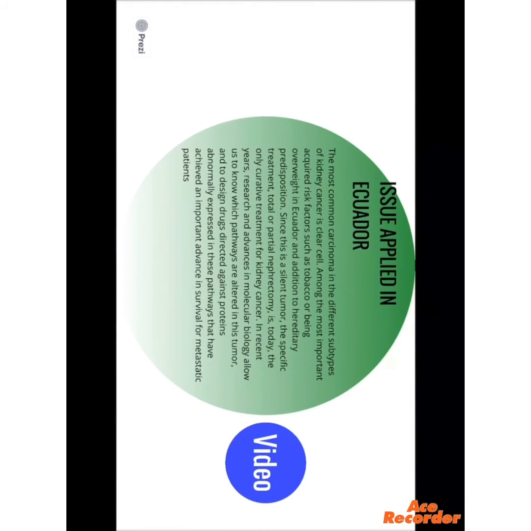It should be applied in Ecuador. The most common carcinoma in the different subtypes of kidney cancer is clear cell. Among the most important acquired risk factors are tobacco and being overweight in Ecuador, in addition to hereditary predisposition. Since this is a solid tumor, the specific treatment, total or partial nephrectomy, is today the only curative treatment for kidney cancer.